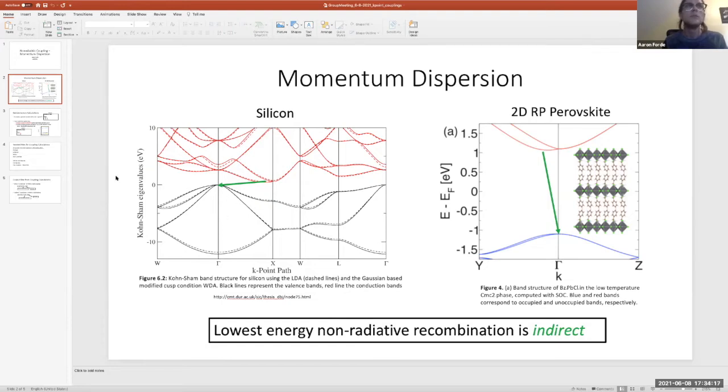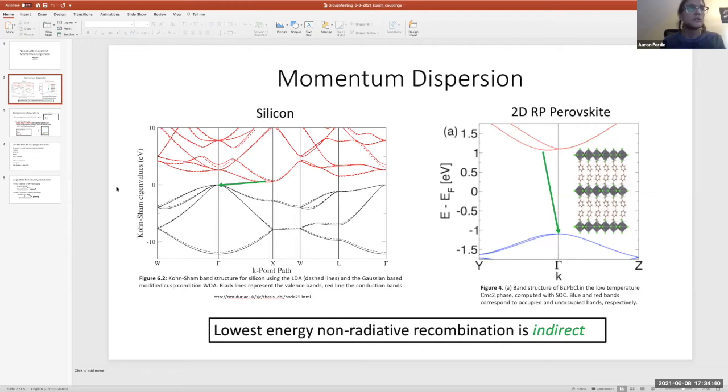But in some materials, the lowest energy for the conduction band and the highest energy for the valence band are offset. That's generally called an indirect band gap, so they have different values of momentum.